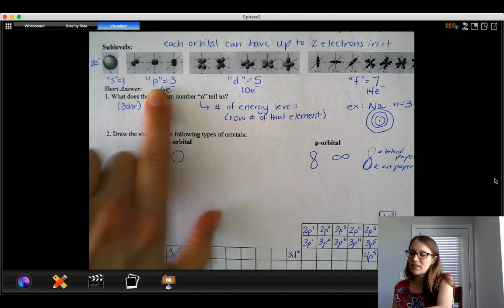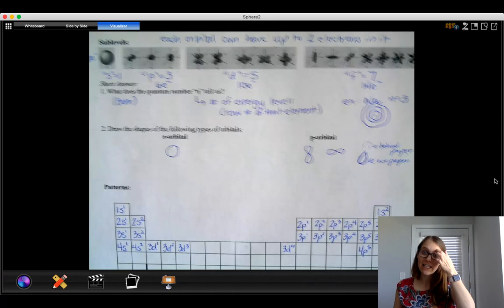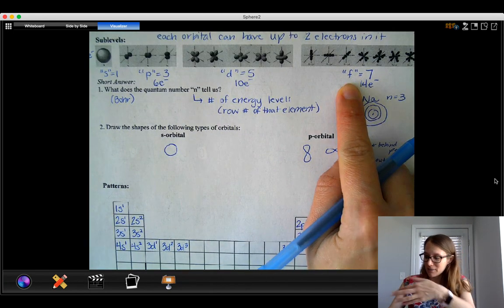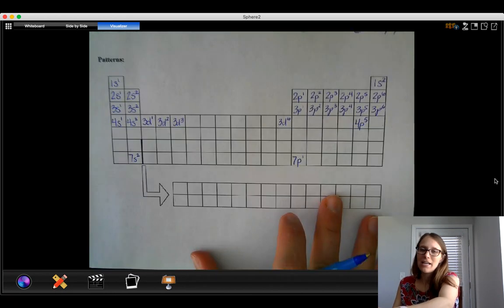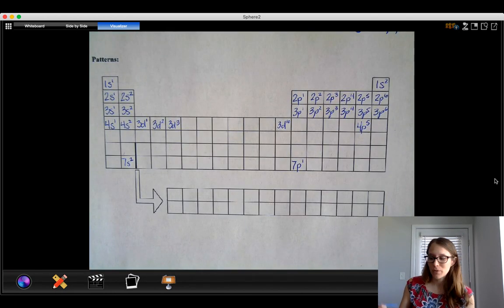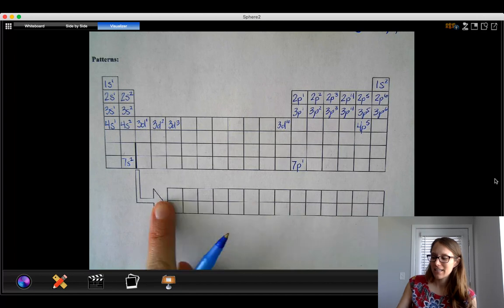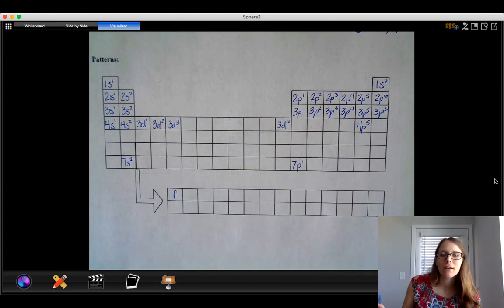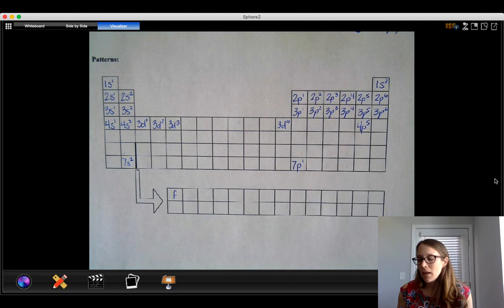We have one P section. We have a D section. So we actually would probably predict that we're going to see F somewhere on here. And if you made a best guess on where F would start, you might guess down here. And that would be correct as well. So this is going to be our F block. Okay. So that's where we would see these.